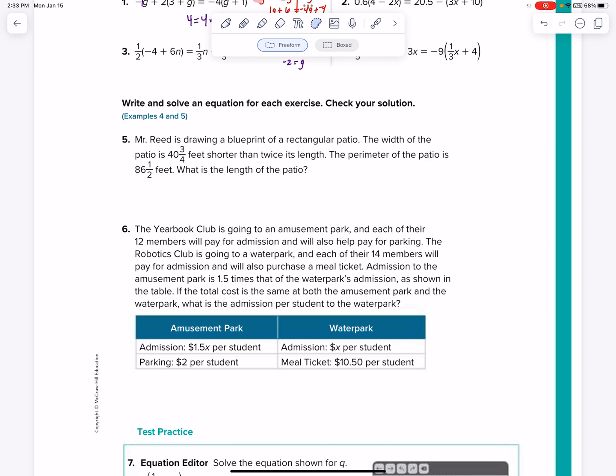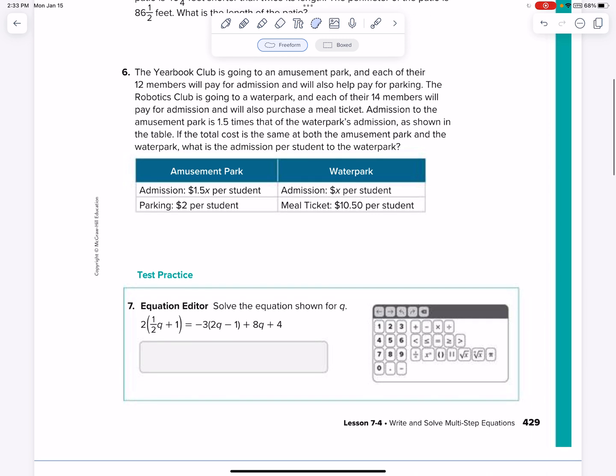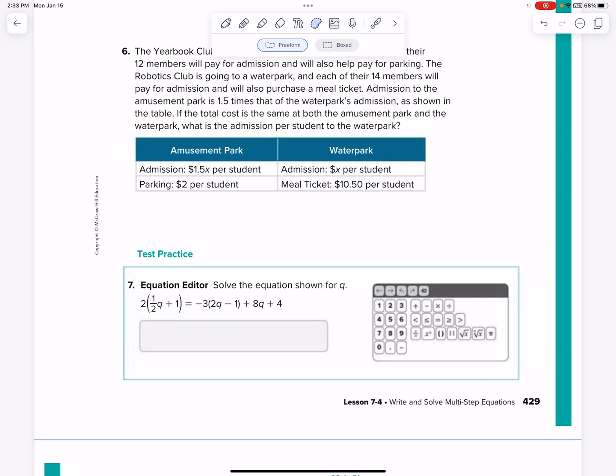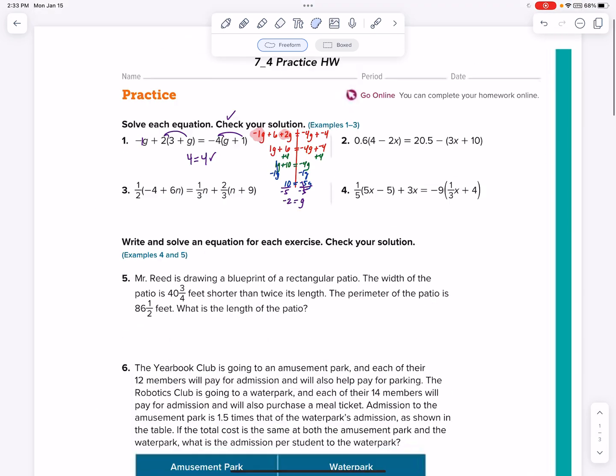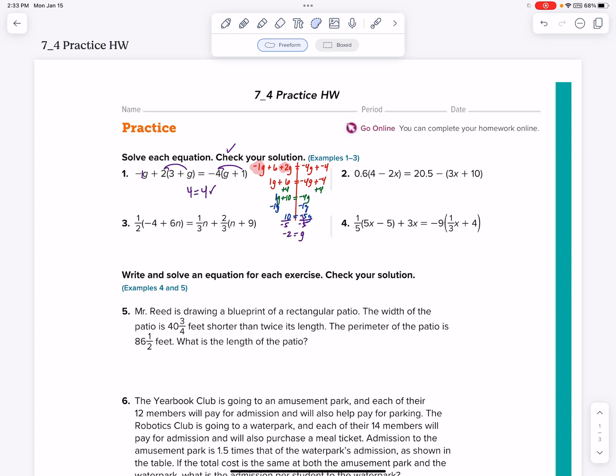I know they're not necessarily easy, so really look at your notes and try to imitate what to do with these ones, because they are very similar. And then number 7 is just solving an equation like we've been doing. Okay, so go ahead, and I know it's a lot more for you, but I do want you to push yourself with some of the independence with that. And then I'll post the answer key later.